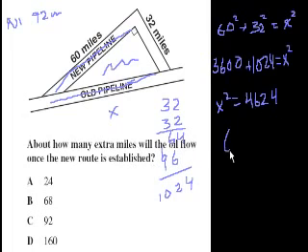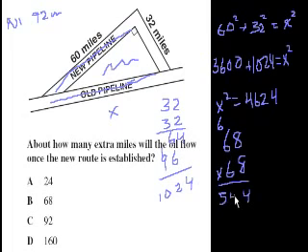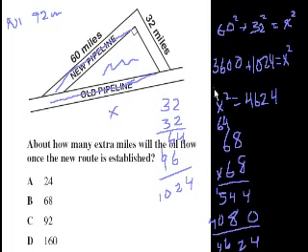Let me try that out. 68 times 68. 8 times 8 is 64. 8 times 6 is 48, plus 6 is 54. 6 times 8, 48. 6 times 6, 36, plus 4 is 40. So we have 4624. Right, so x is equal to 68.